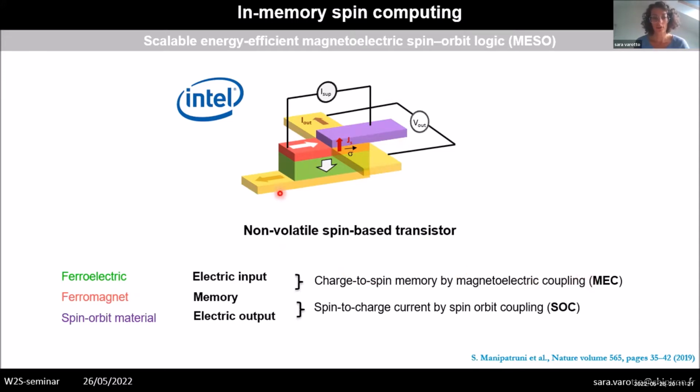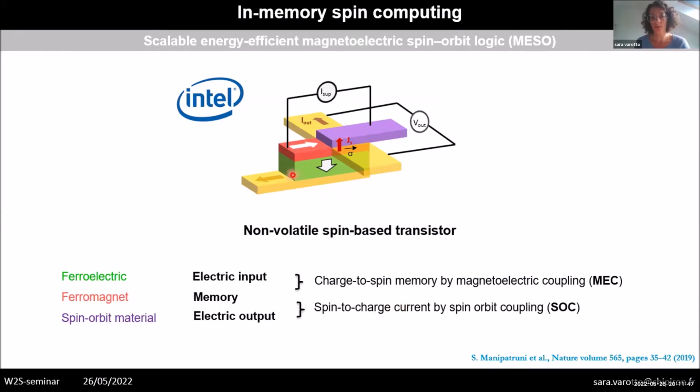And the readout of the memory is performed by the spin-orbit coupling material, for instance, a Rashba system, that allows to convert a spin current, which gives the information of the magnetization of the ferromagnetic layer, into a charge current. So we will have an electrical output. This is possible thanks to spin-to-charge conversion operated by spin-orbit coupling.